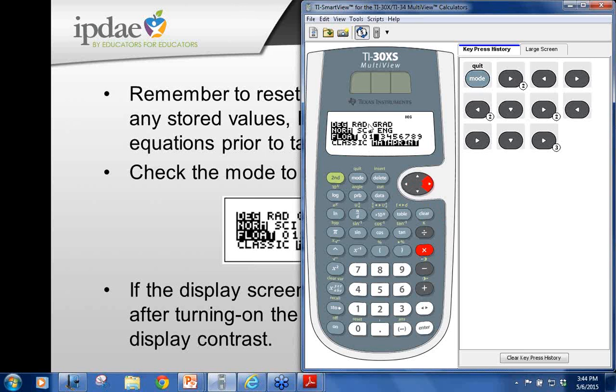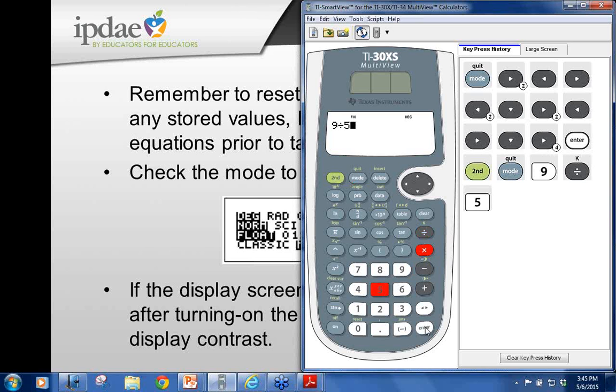So let's show that. Let's do 3 decimal digits, and then I'm just going to press enter there. So that's that, and then let me quit here. And let's do some division problems. So let's do 9 divided by 5. See how it shows here? It's 1.8, but it didn't stop at 8.